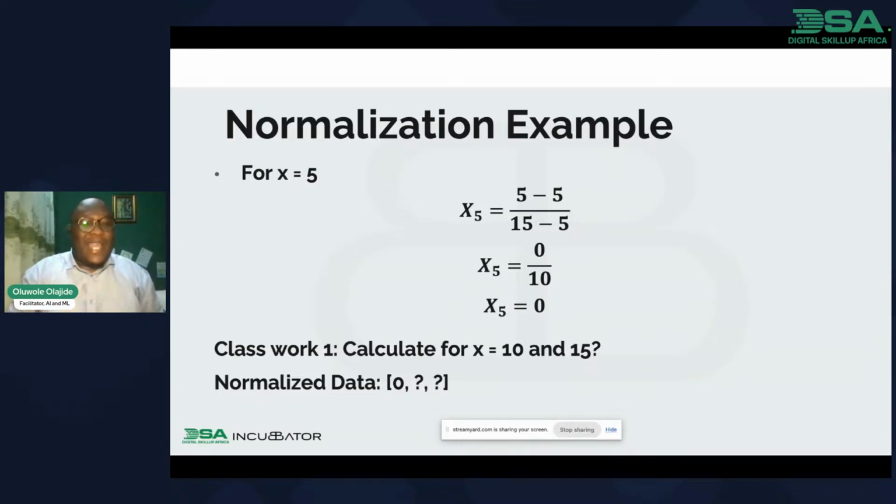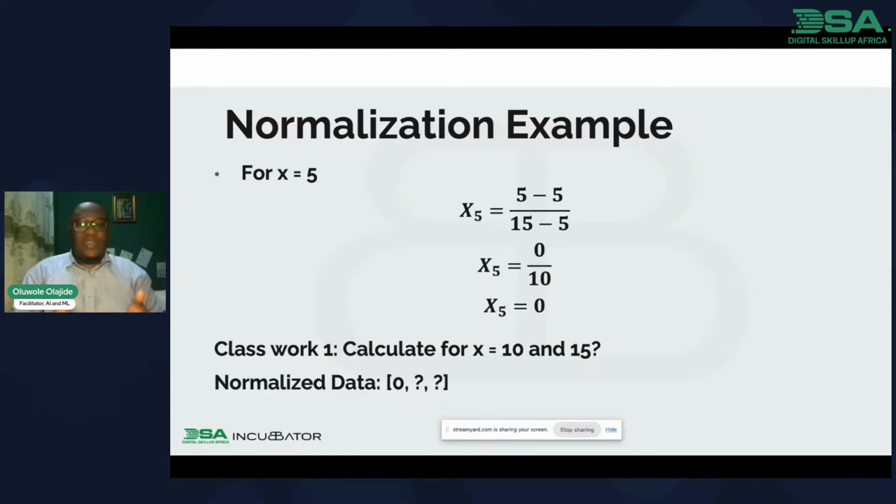So how do you make them come into balance? By the time you use normalization, it will reduce it to 0, maybe 0.5 and 1. So you have everything in the same boundary. Because if you use 10,000, 15,000, and 150,000 to train my model, that gap is just too much.